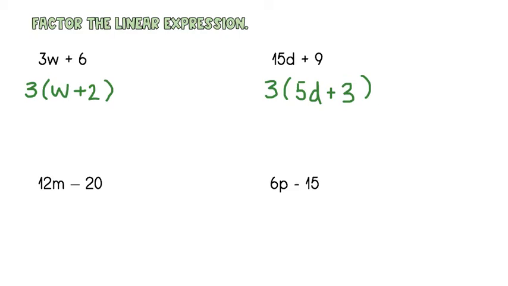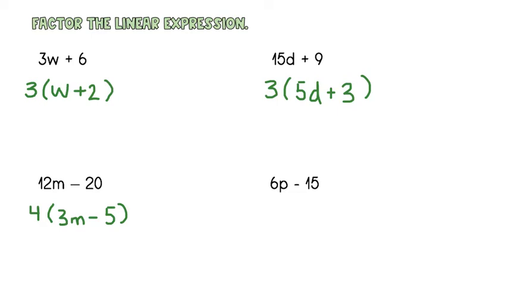12m - 20. Both of these terms can be divided by 4, so 4 goes on the outside of my parentheses. 12m divided by 4 is 3m. And now we want to be careful with our signs, so a negative 20 divided by 4 is a negative 5. 6p - 15.